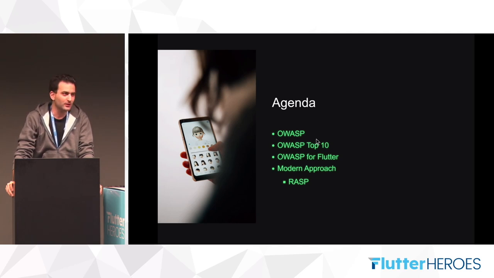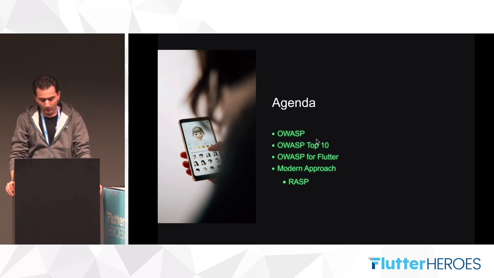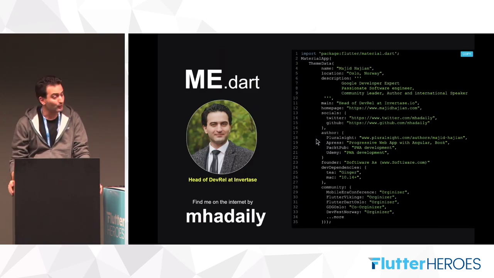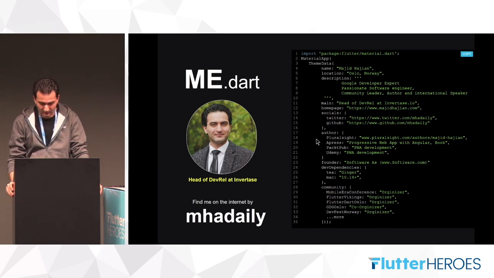In fact, we're going to review OWASP MAS, the mobile application security risks. And we'll talk about a modern approach, RASP. See what RASP is and how it's helping mobile applications protect application security at runtime. We'll figure it out, and there are some interesting things happening over there which you will hear from me soon.